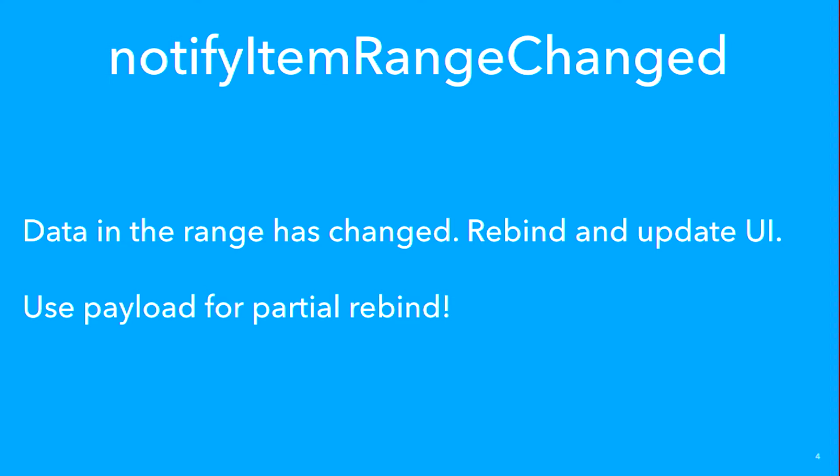It's just your data to rebind. This is like when you have your timestamp update on your view in your list, and you just need to rebind the data. It's not moving anywhere in your list. You just want onBindViewHolder called on your adapter again.